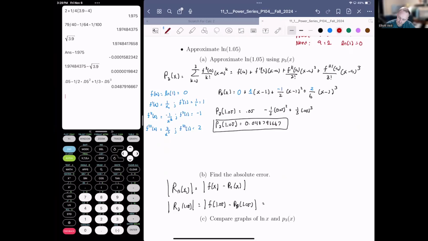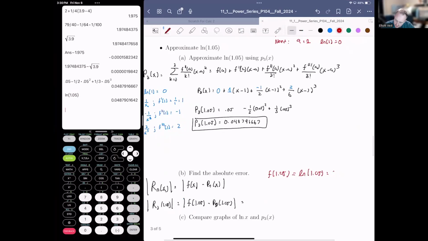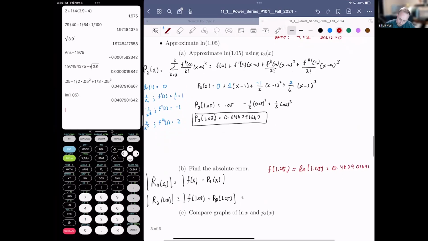Let's figure this out on the side. f of 1.05 is equal to ln of 1.05, which is equal to 0.487901642. I can do that by just plugging into the calculator as well. I have the answer minus that.